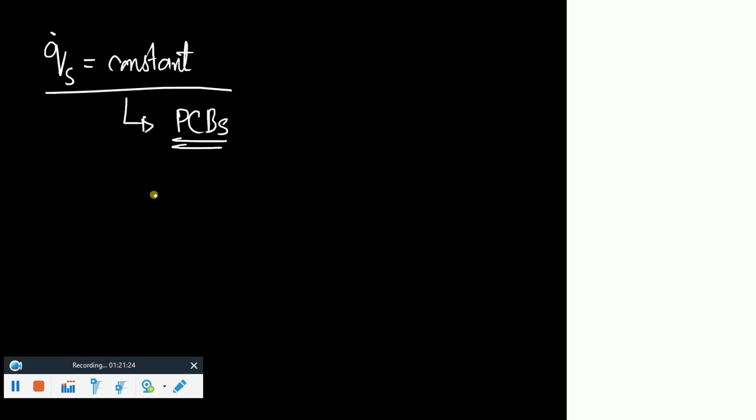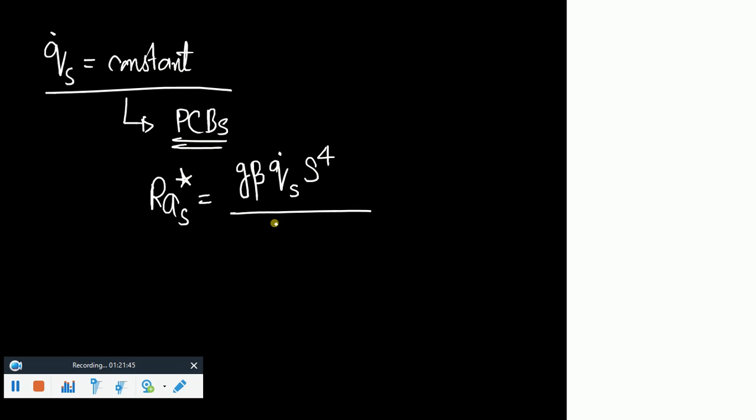So in that case, the Rayleigh number would be equal to g beta, and instead of using the temperature difference, which is generally used for Rayleigh number, I would put a star over there just to represent the modification. You would use Q dot S, S raised to power 4 over k nu squared, and into Prandtl number.